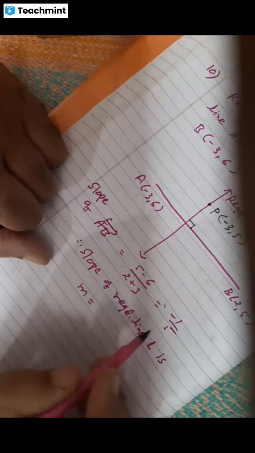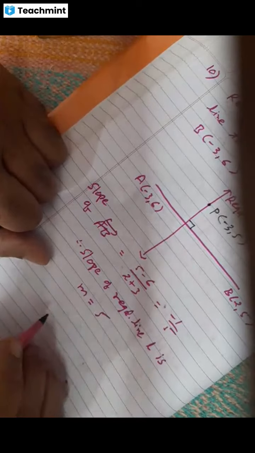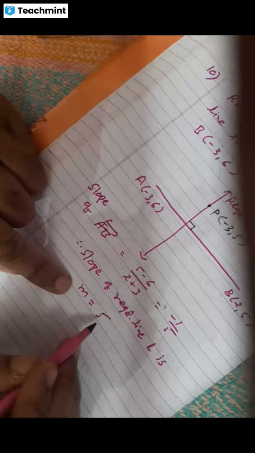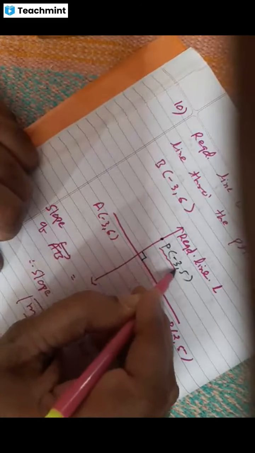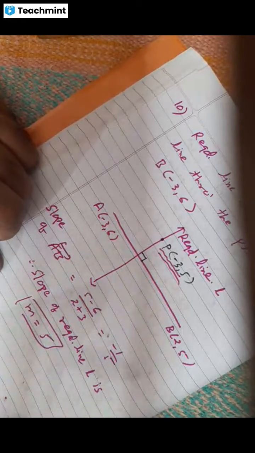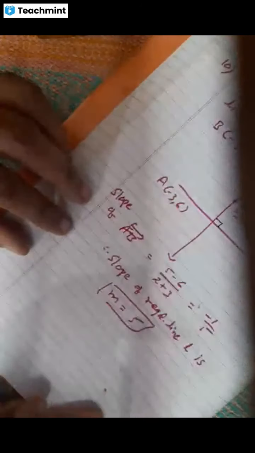So this is minus 1 upon 5, then this will be 5. This is our slope, and this is our point. And now you can use the point slope formula.